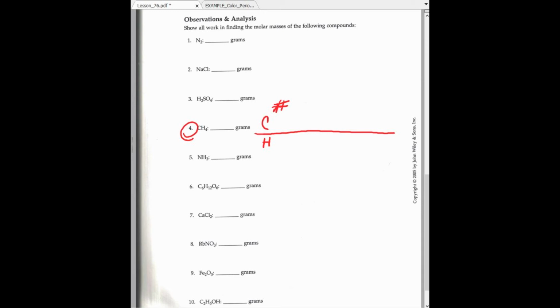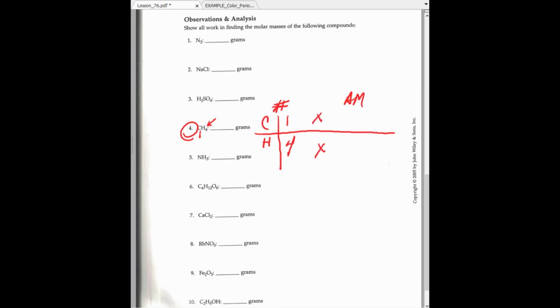Remember, there's a hidden 1 as a subscript, so your number of pieces for carbon would be 1. Then your number of pieces for hydrogen would be 4 right there. And then we're going to multiply by the atomic mass.